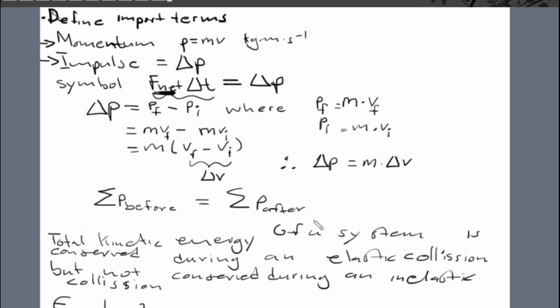In the principle of conservation of linear momentum, the total linear momentum before collision is equal to the total linear momentum after collision in a closed system. Closed system, no external forces. Similarly, the total kinetic energy of a system is conserved during an elastic collision, right?